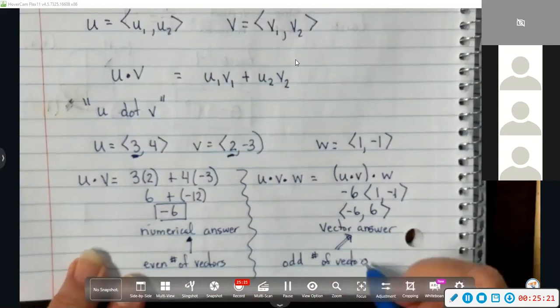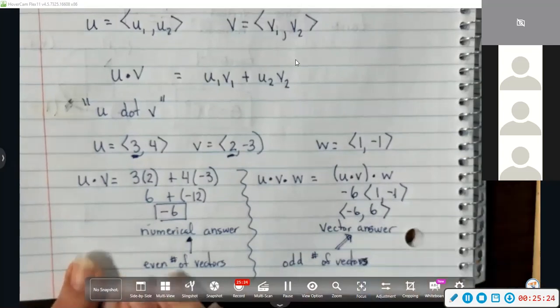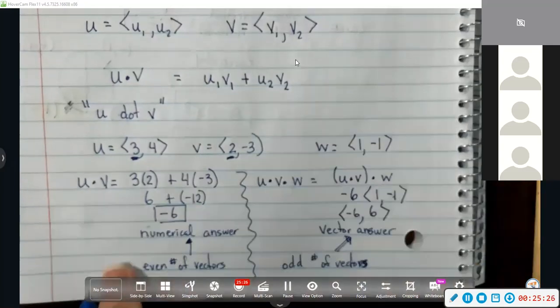I have a question. Yes. So u dot v is u1 times v1 plus u2 times v2. Yes. And then we have that, and we got negative 6. And then for the w part, is that dot just functioning like a multiplication sign?